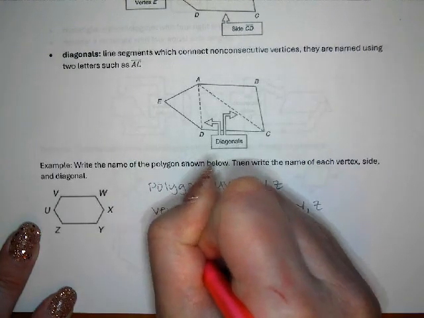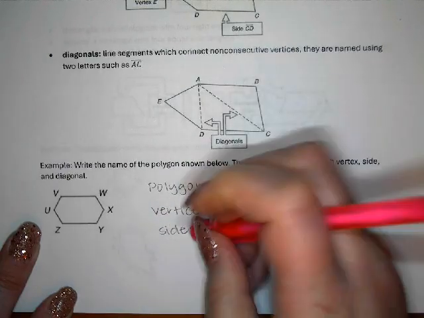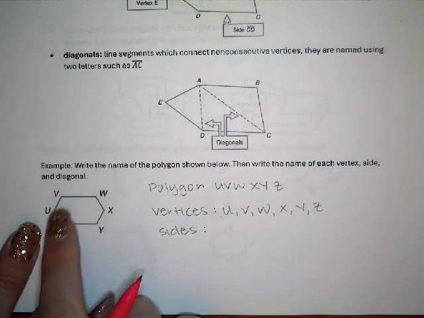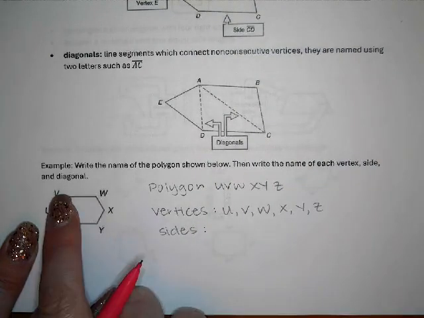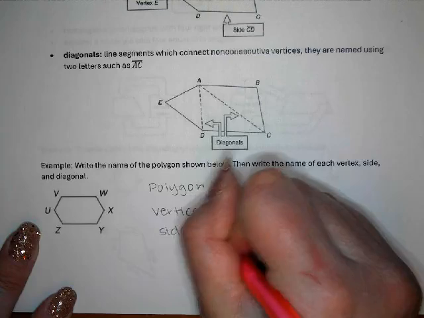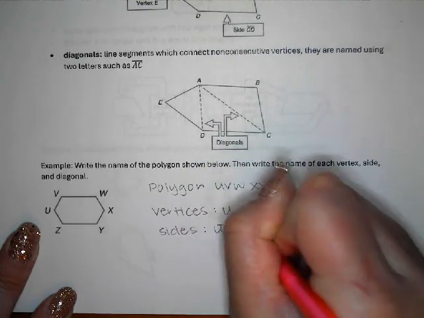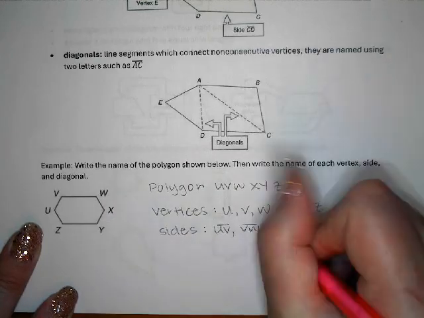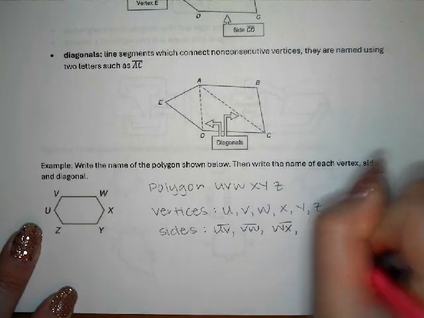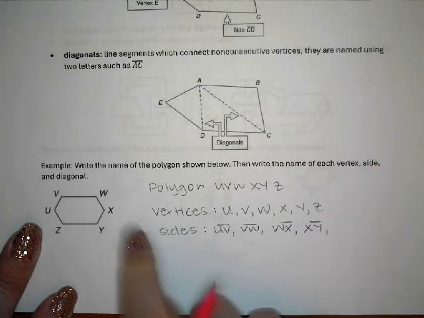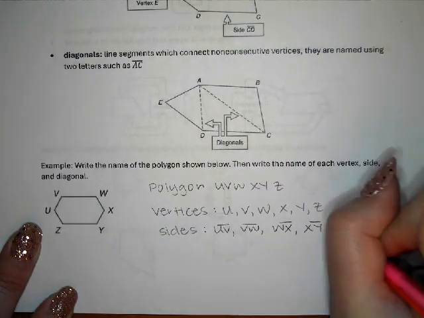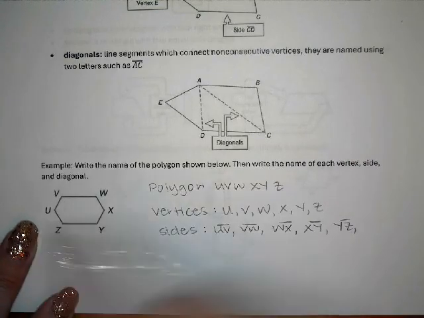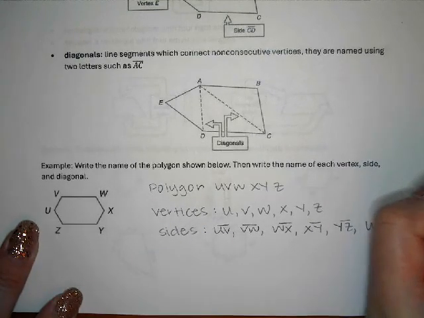The sides are each of the line segments. So U to V, V to W, W to X, X to Y, Y to Z, Z to U or U to Z, it doesn't matter.